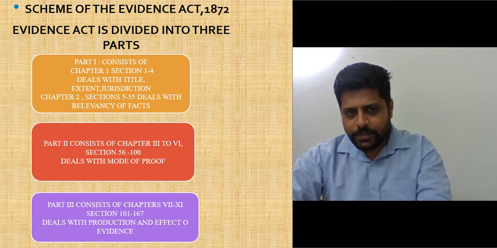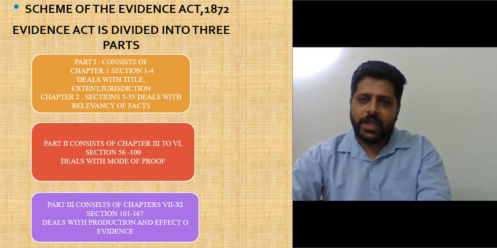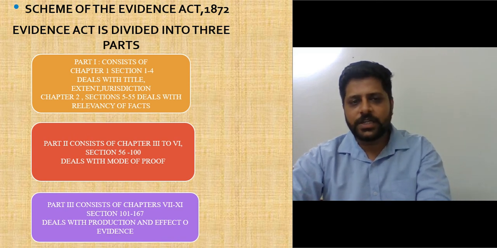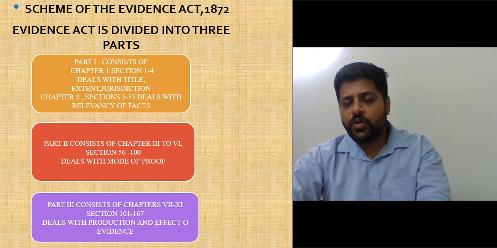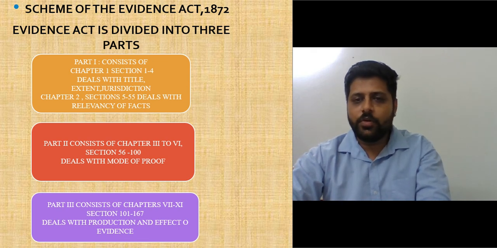The second part consists of chapter 3 to chapter 6, and consists of sections 56 to 100, which deals with the mode of proof, that is, what is proof and what will be the mode of proof.